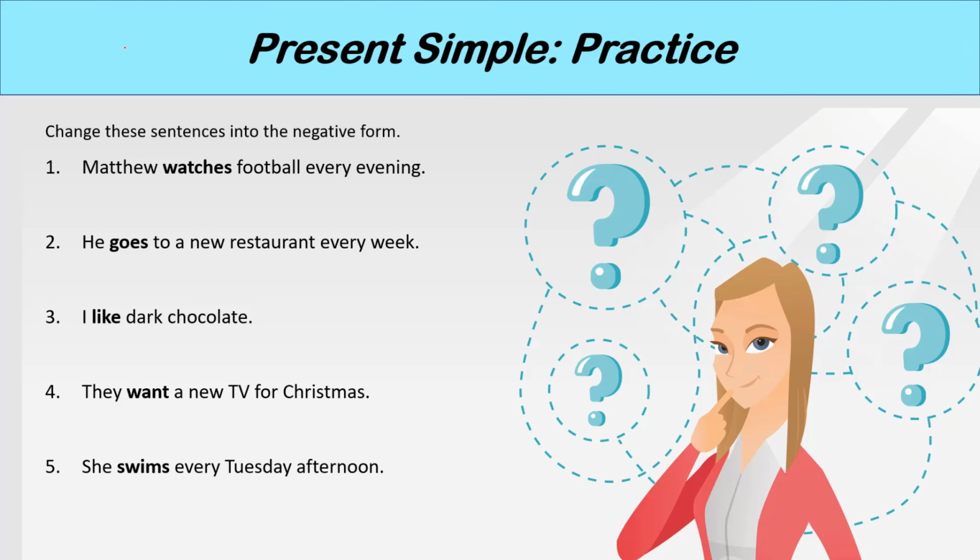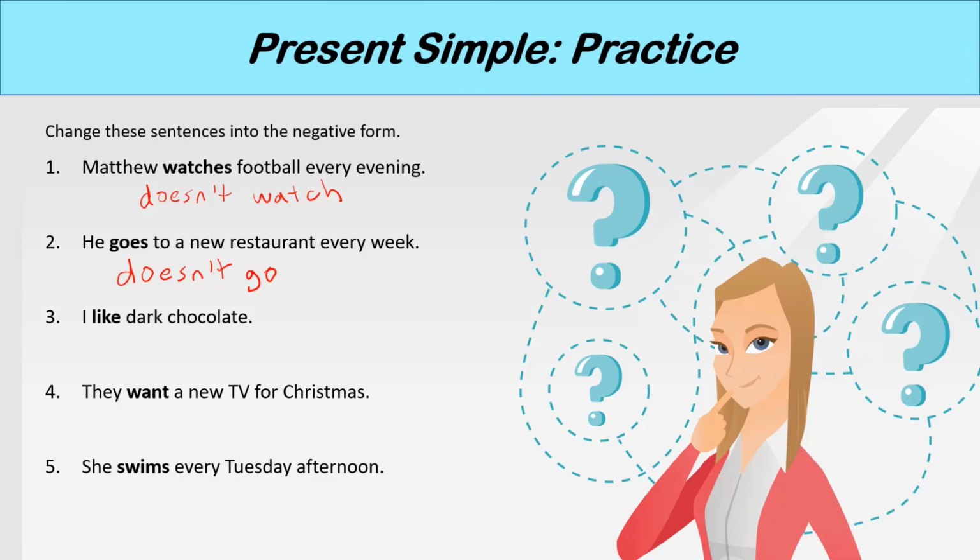And now let's correct them together. Number 1 would be Matthew doesn't watch football every evening. Number 2, he doesn't go to a new restaurant every week.